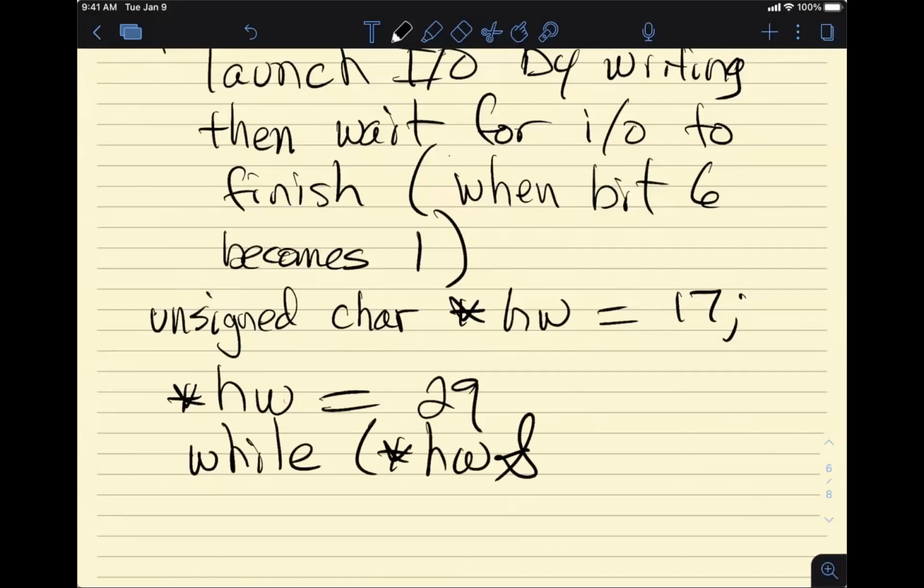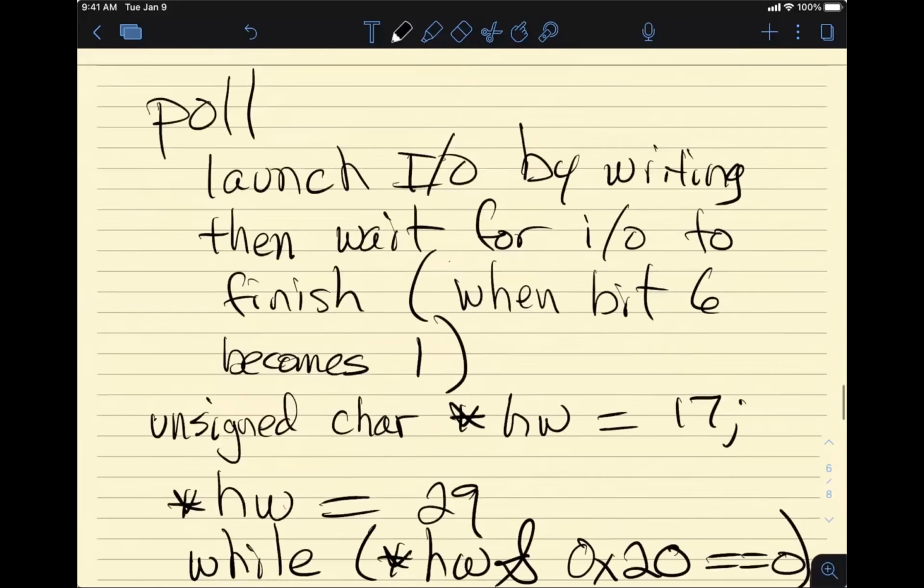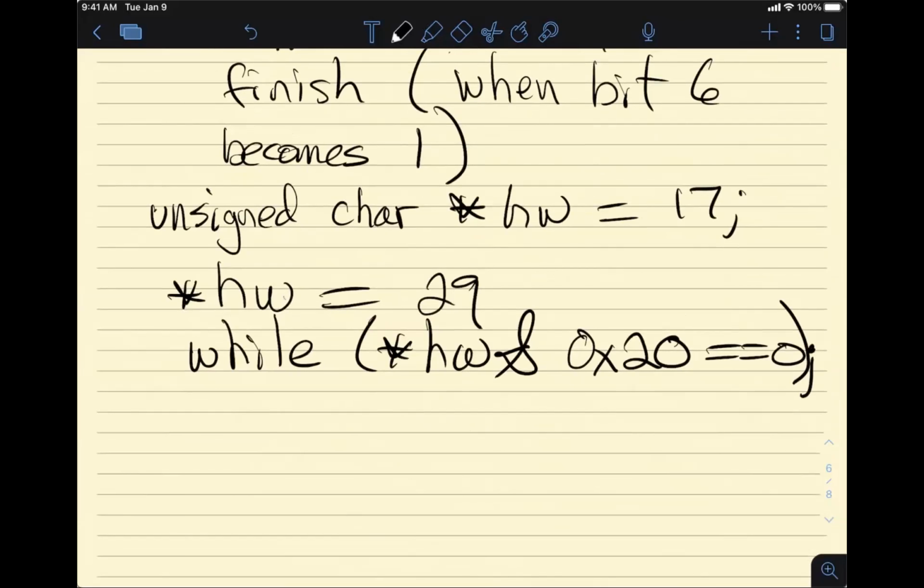So that would be ANDed with 0x, bit number 6. There's just one bit, so that's 2 to the 6th. So that would be a 0 and a 2. Semicolon.